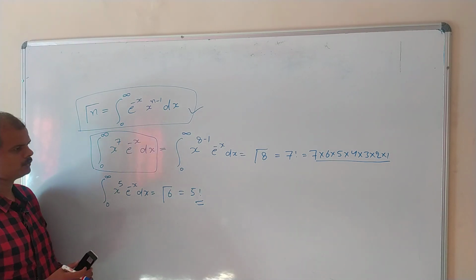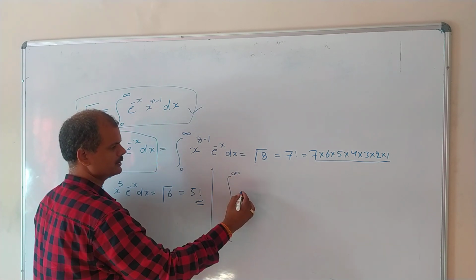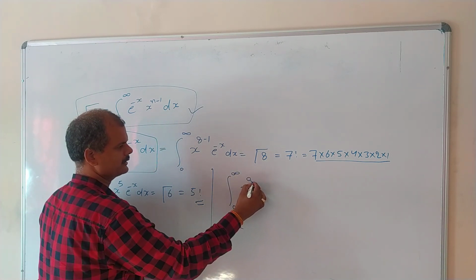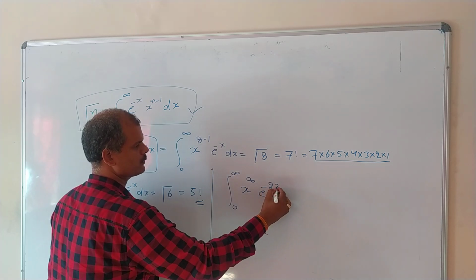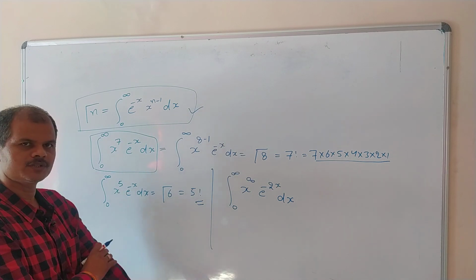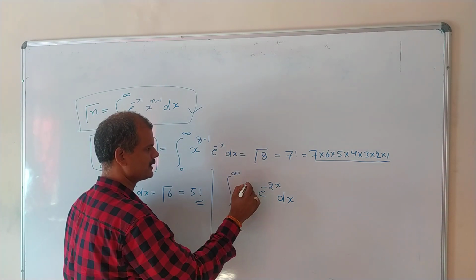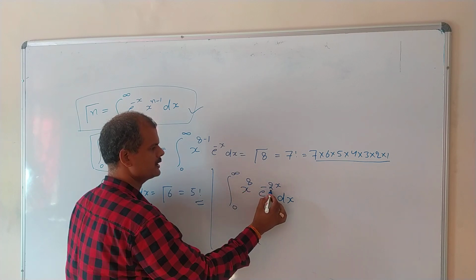Fine. Now suppose we have the integral 0 to infinity x power 8 e power minus 2x dx. Again we can approach using integration by parts. That will take 8 to 9 terms, right? So what I will do here, we need e power minus x.